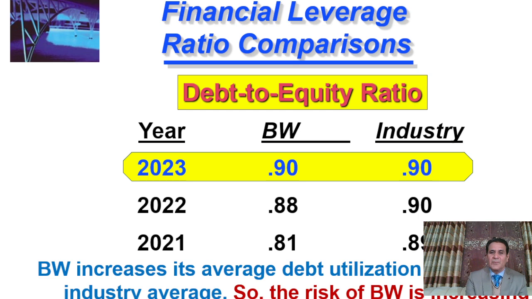In 2022, this ratio becomes 0.88 and industry ratio 0.9, and in 2023 this ratio is 0.9 while the industry ratio is also 0.9. So we can get the insight that BW increased its debt utilization relative to the industry average. So the risk of BW is increasing.